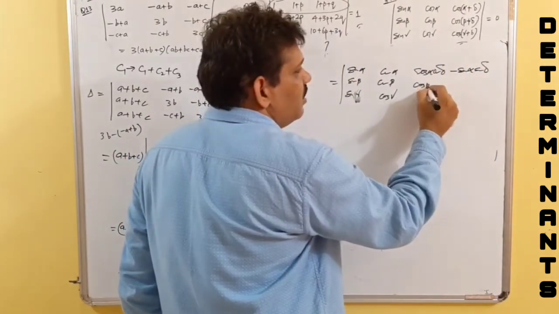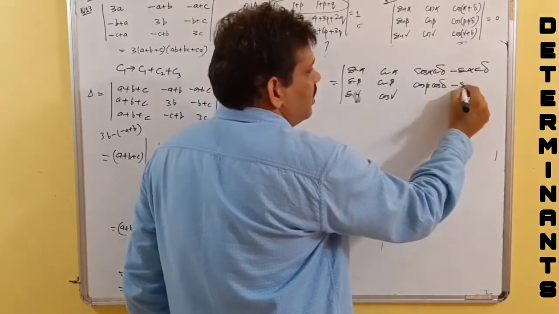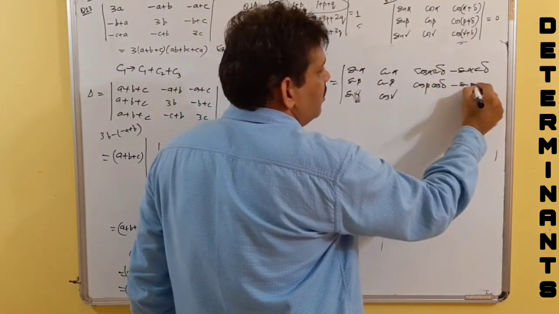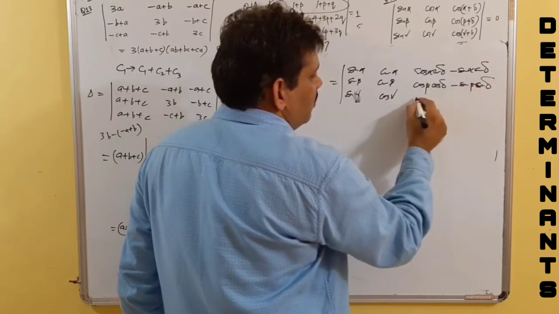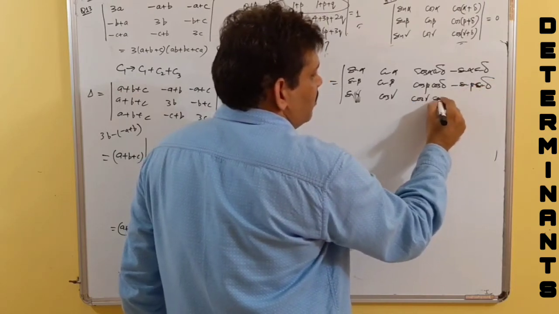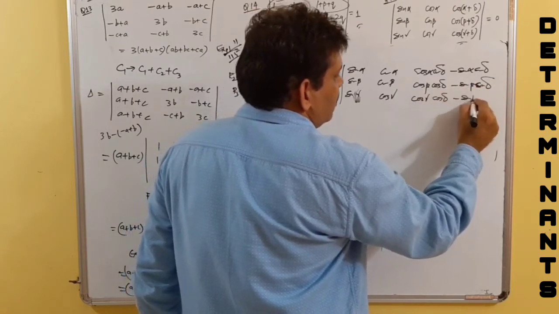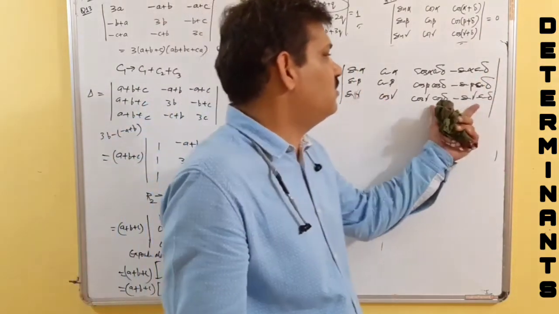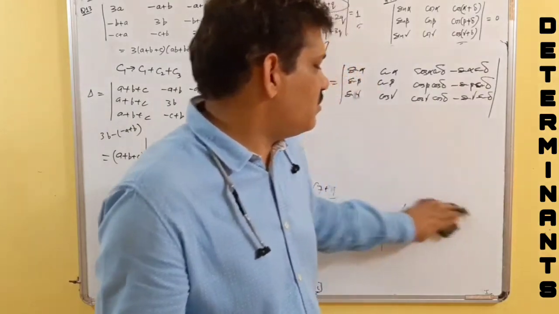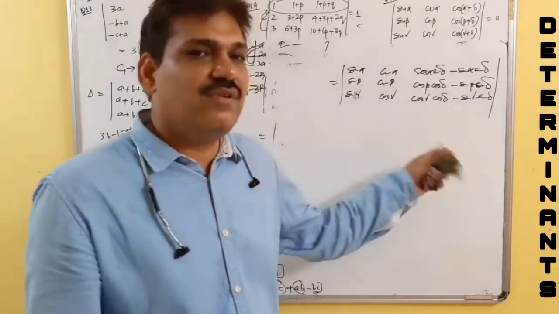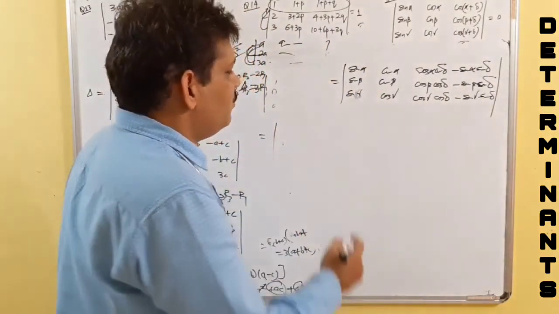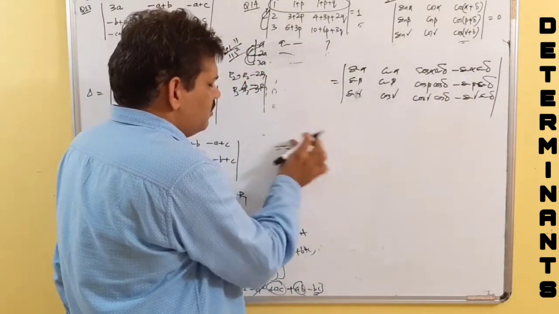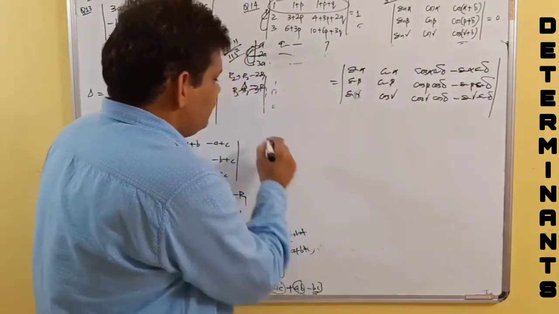Similarly, cos beta, cos delta minus sin beta, sin delta, cos gamma, cos delta minus sin gamma, sin delta. Since all the elements of C3 are expressed as the sum of two terms, it can be split up into two determinants in which the first two columns will be same.